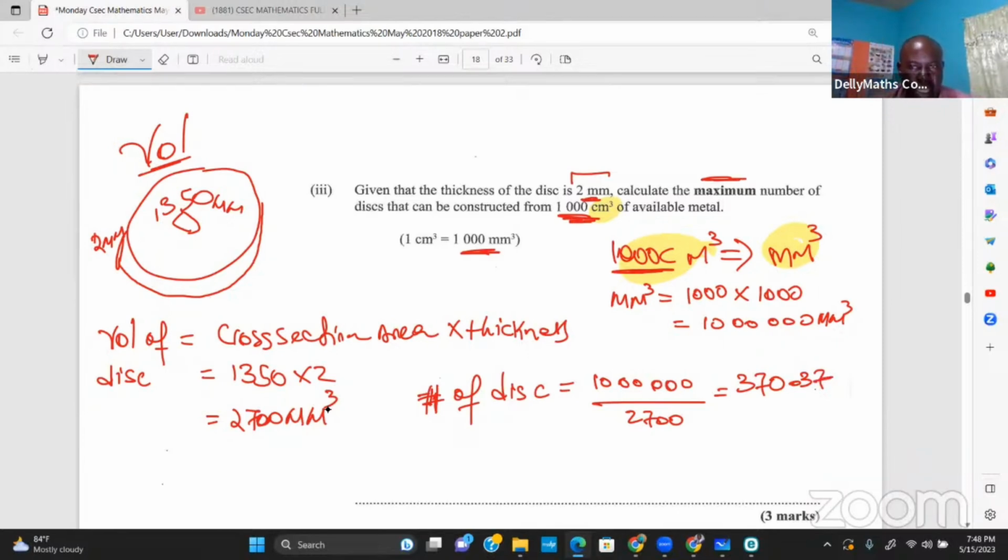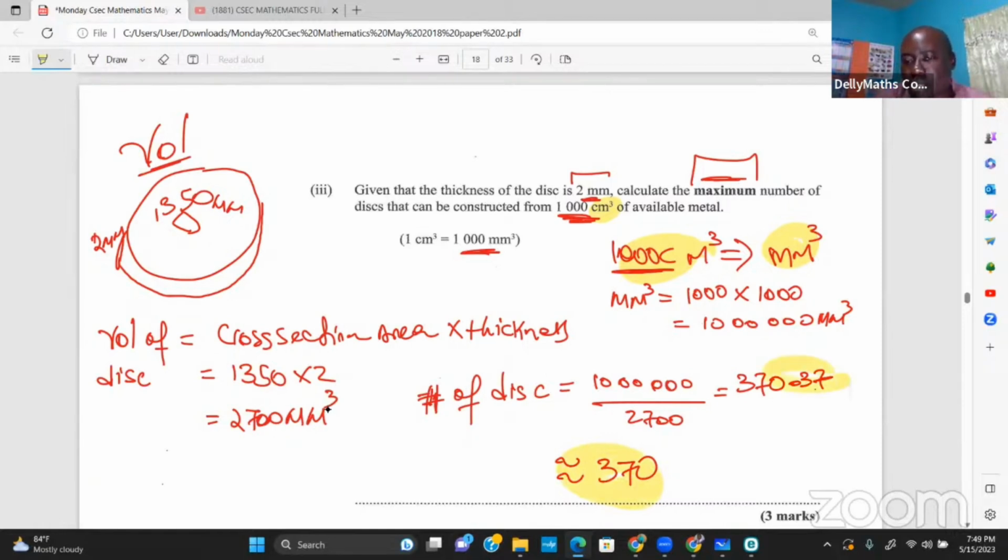But in reality, if you're making a CD, you can't have a 0.37 disk. So now you have to think in context. What's the maximum amount I can make? I can only make 370. I will have some little leftovers, but you can't make another one. So that's the answer.